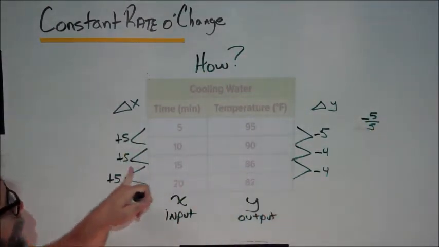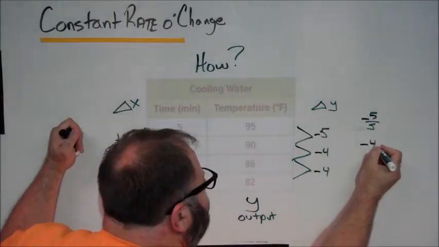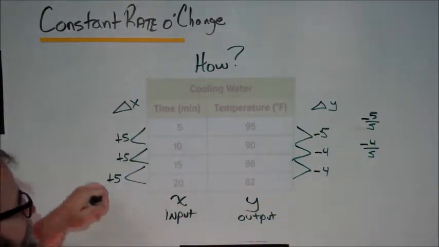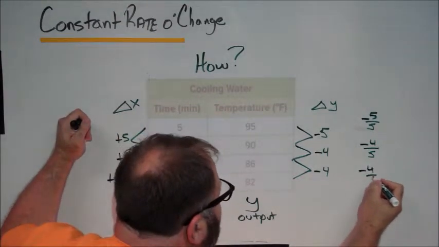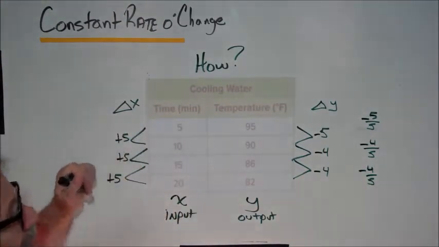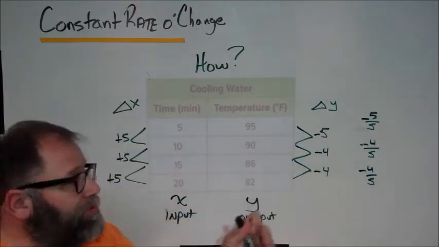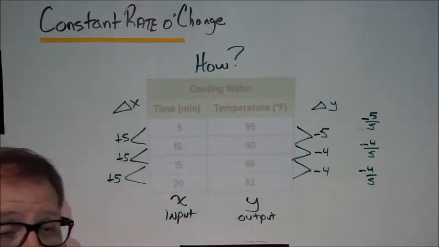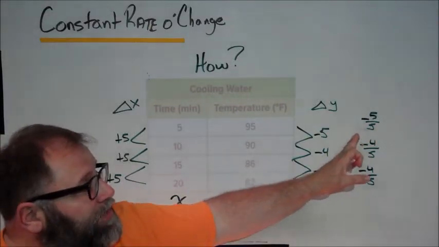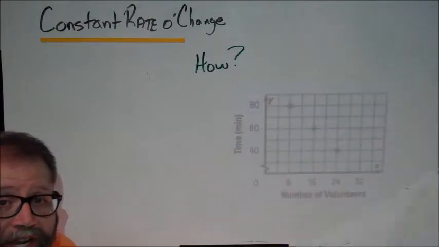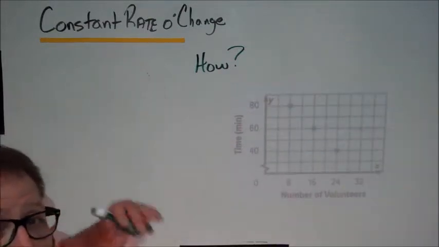Then negative 4 to positive 5, and negative 4 to positive 5 again. Now here's where that word constant matters. Do we have a constant rate of change? No, we don't. If we had a constant rate of change, every single one of these would have been the exact same ratio.